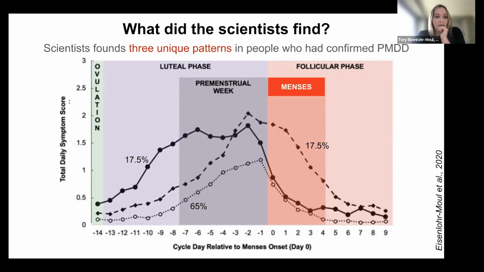Do we know why some PMDD sufferers are worse just before, during ovulation, as well as being bad before period? Yeah, I do see that sort of up and then down and then up again pattern in some of my patients and in some of my research participants. I think that's really fascinating. I don't know why that happens. Do people sort of have this sensitivity, but they're able to bounce back in the middle of the luteal phase, right?